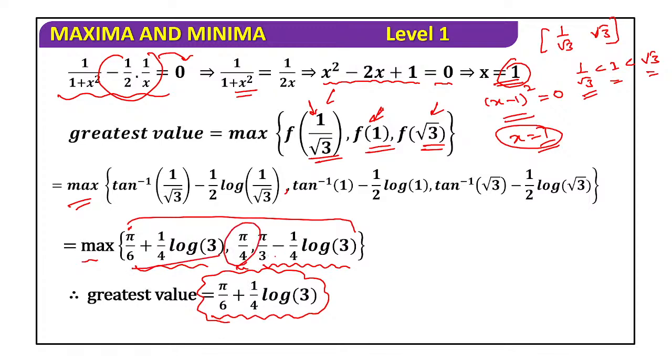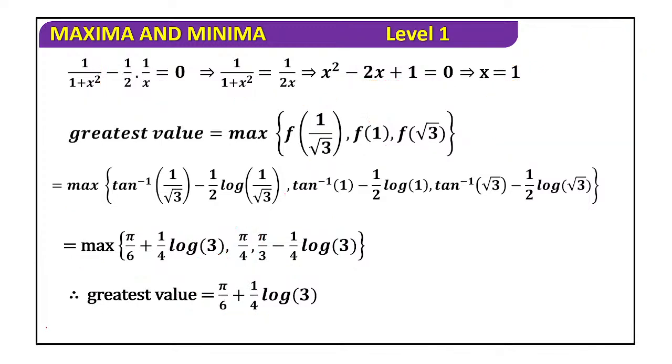Among these three terms, pi by 6 plus 1 by 4 log 3 is the maximum answer. Therefore, this is going to be the maximum at x equal to 1 by root 3. Clear?